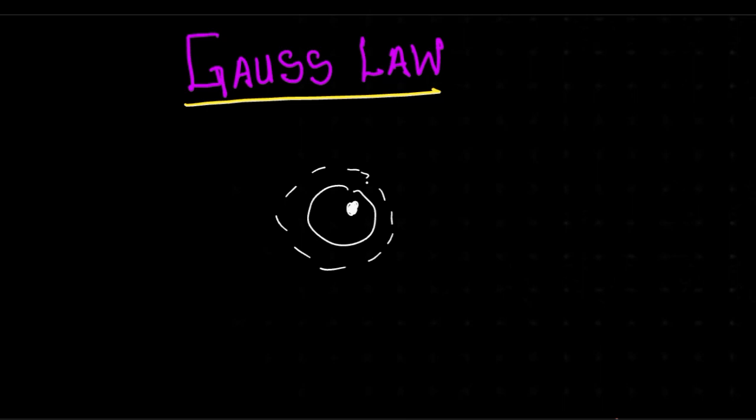Now, number two is that the total flux through a surface depends on the amount of charge. Make sure you write that down. The total flux through a surface is dependent on the amount of charge enclosed by the surface. So let's take a surface here.